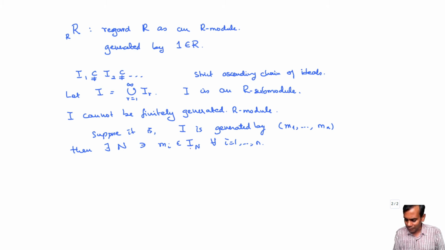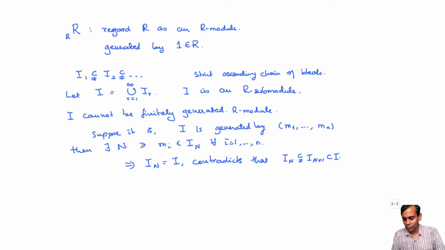But then that means that In is equal to I, because the mi's actually generate I. But this contradicts our assumption that In is properly contained in In plus 1, which is contained in I. So I is always going to be a submodule of a finitely generated R module that is not finitely generated.